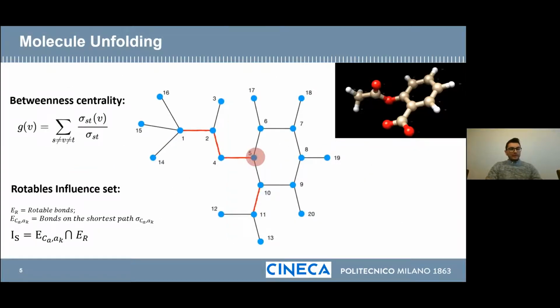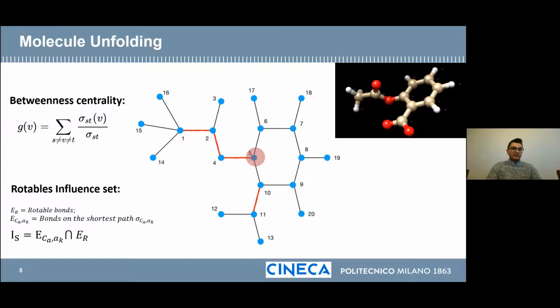So we proceed by virtually dividing our molecule into fragments. The first starting point is to select all the possible dimensions of the solution space by iteratively picking out the rotatable bonds. And afterwards, we calculate the betweenness centrality of each atom. This attribute allows us to define an ordering of the atoms inside the molecule, and it defines the degree of centrality of the atom inside the graph of the chemical substance.